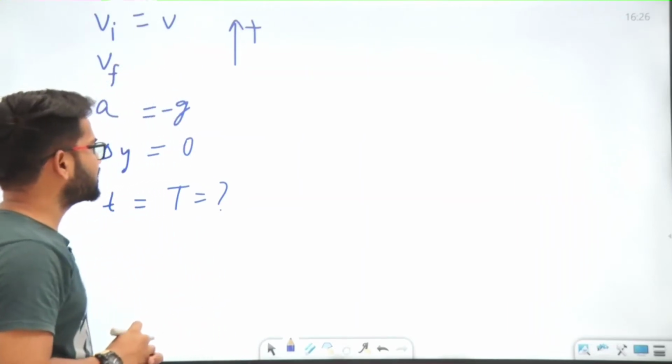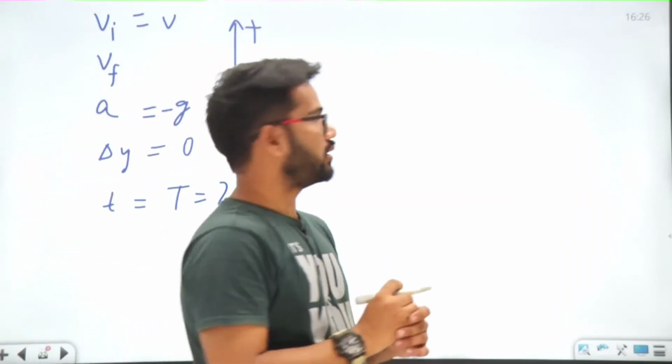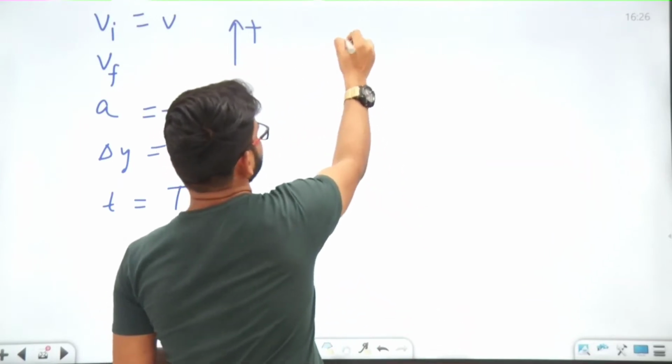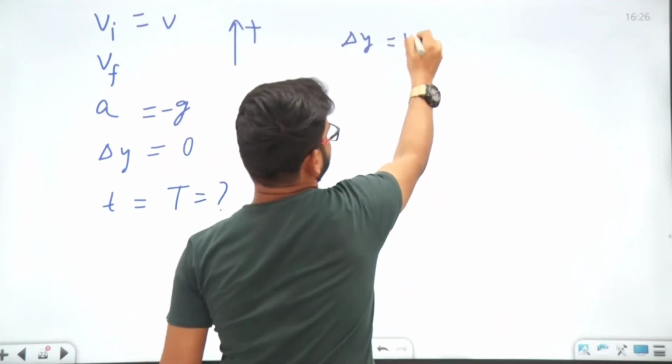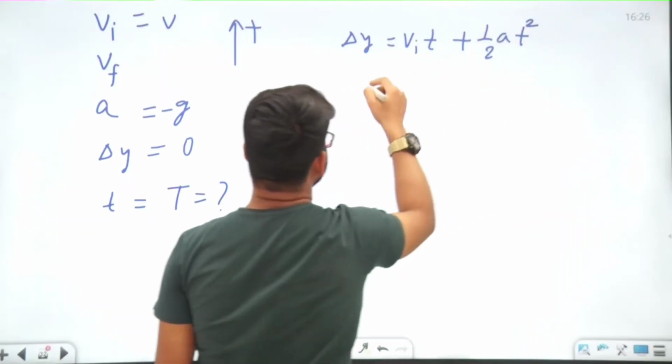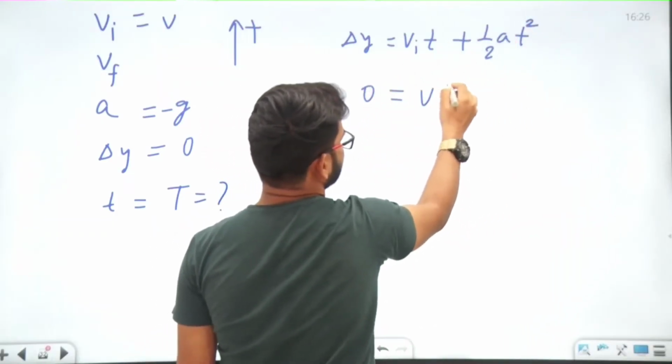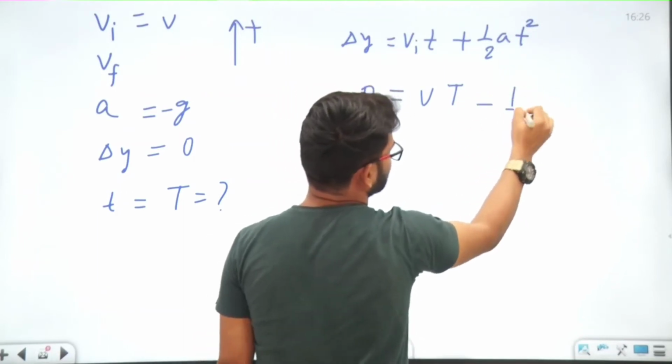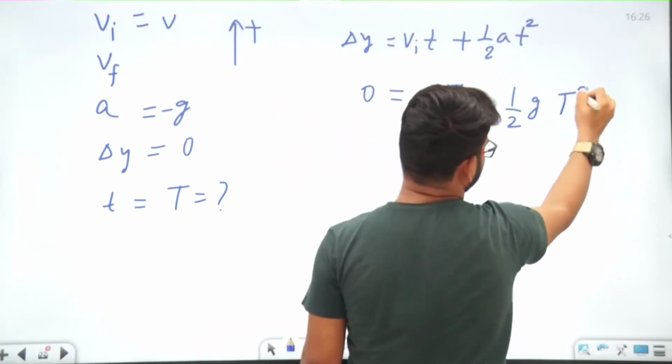So which equation will be suitable to apply? The suitable equation is delta y equals Vi t plus half a t square. So this is 0 equals V t minus half g t square, where t is the time period.